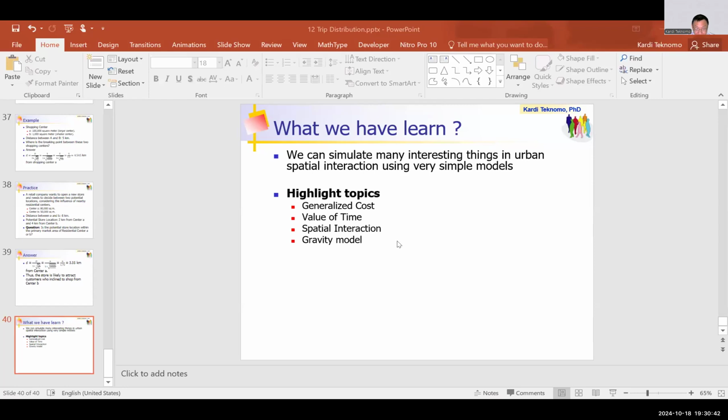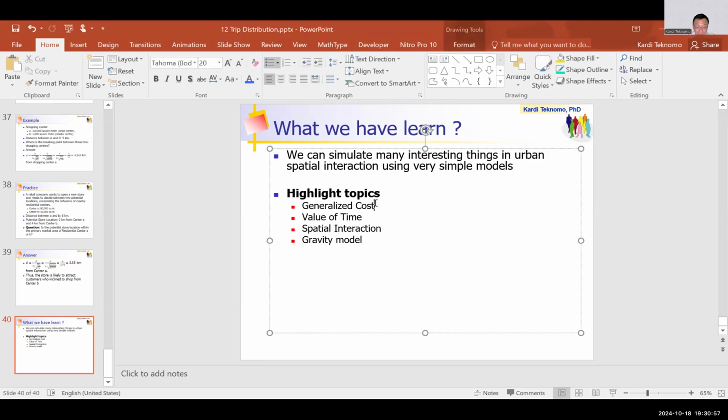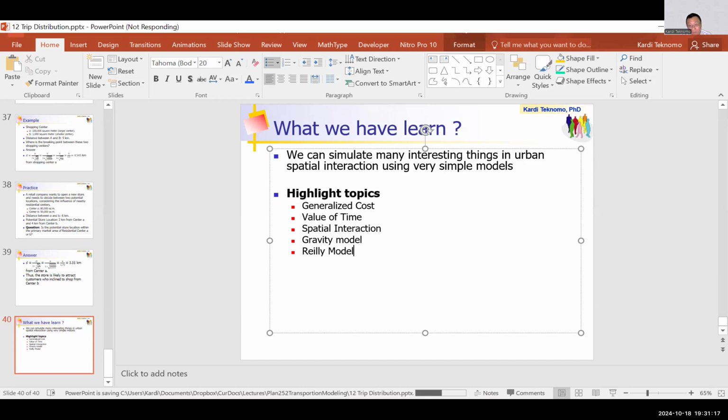As what we have learned, we can simulate many interesting things in urban spatial interaction using a very simple gravity model. And remember, we discussed generalized cost, value of time, spatial interaction, gravity model, Rayleigh model also, and shopping retail. So I hope this is useful for you.